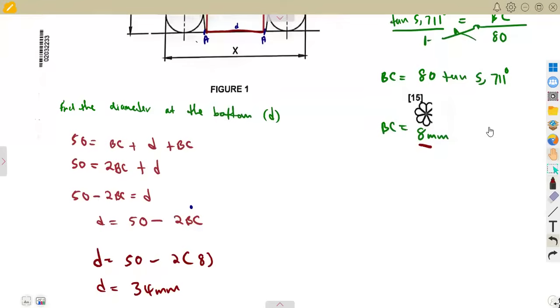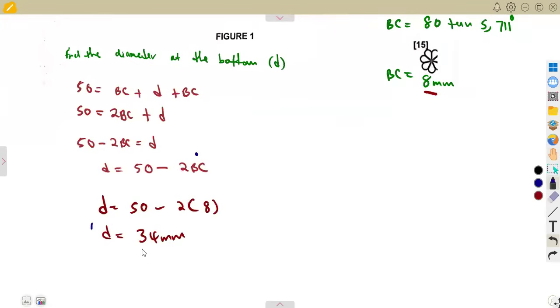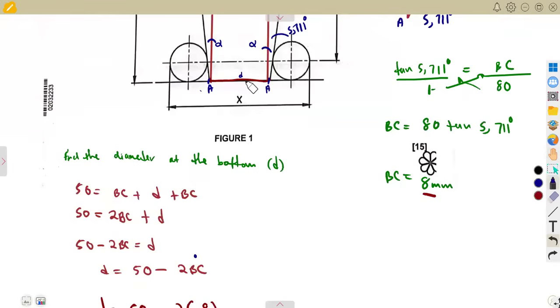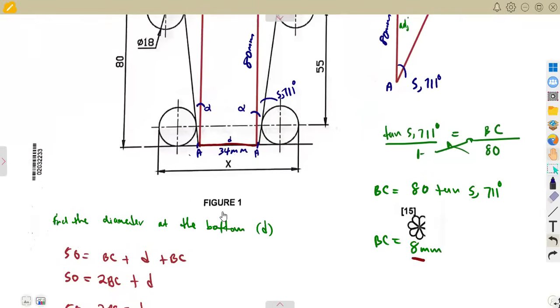We have the diameter at the bottom, and what is the purpose of calculating it? What is the purpose of knowing that it is 34 millimeters from this point up to this point?